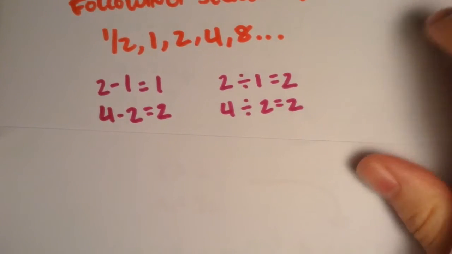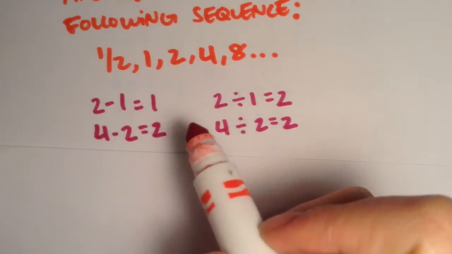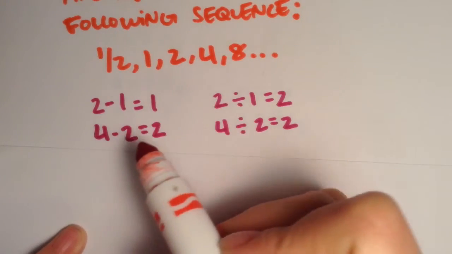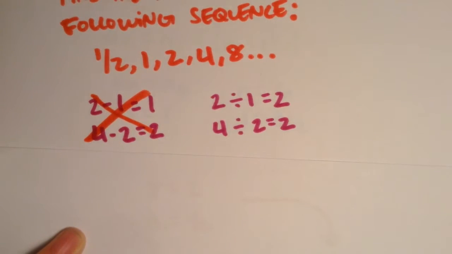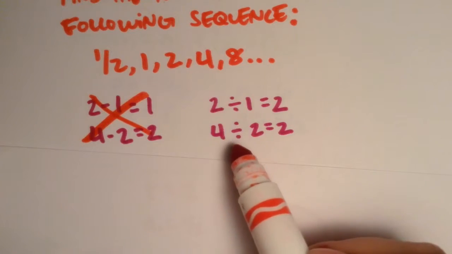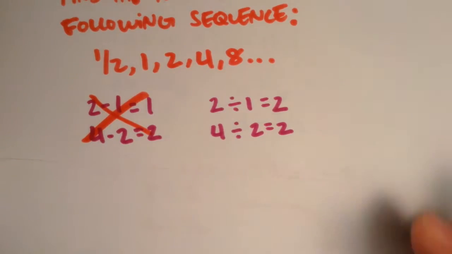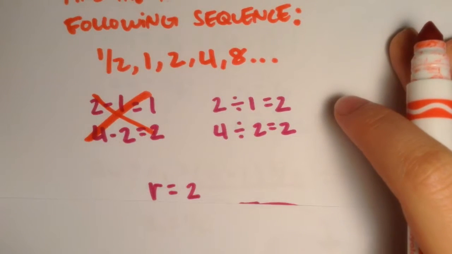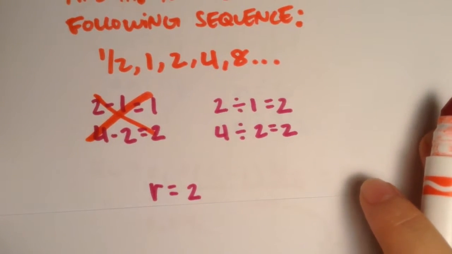If we have 2 minus 1, we get 1, and 4 minus 2 equals 2, so that does not work, and we know that it's not arithmetic. But if we have 2 divided by 1, that equals 2. 4 divided by 2, that equals 2. So now we know that is our common ratio, r equals 2.